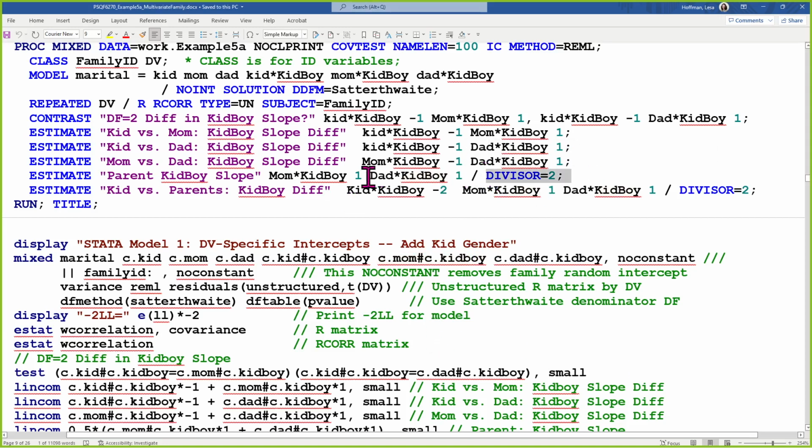Then once I have this idea right here versus this one, this is asking whether the joint slope averaged across moms and dads is different than the slope for the kid. So a -2 here, because these are going to sum to 2, and then I divide by 2, and the whole thing sums to 0 like it's supposed to.